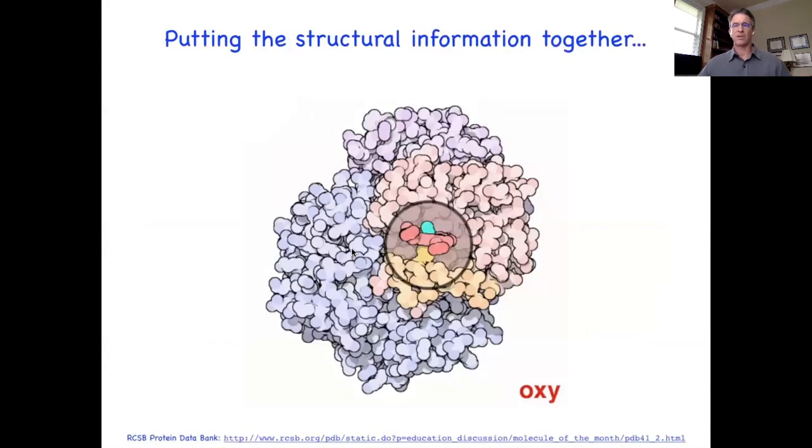So to give you a sense of how this works, if you take the two structures, the oxy and deoxy form, and you do a little sort of computational magic, and you just do a simple extrapolation between the two, this is kind of what it would look like. So here's an oxygen molecule. Here's our heme. This is one subunit. I don't remember if this is alpha or beta.